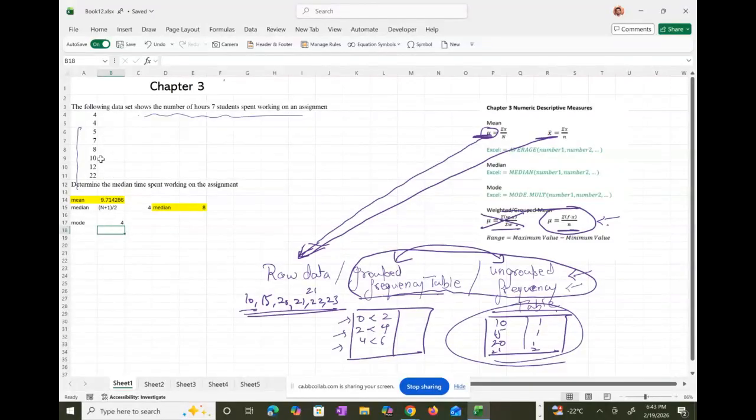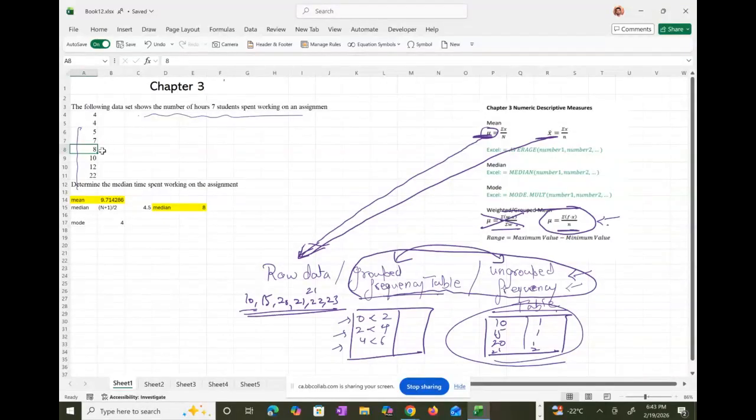Now, if you see, there are 8 terms in this one. If I have to find the median for that kind of question, how are we going to do it? There are 8 terms, so I'll put 8 here. 8 plus 1 divided by 2 is 4.5, so the 4.5th term. This is the first term, second, third, fourth, this is the fifth term.